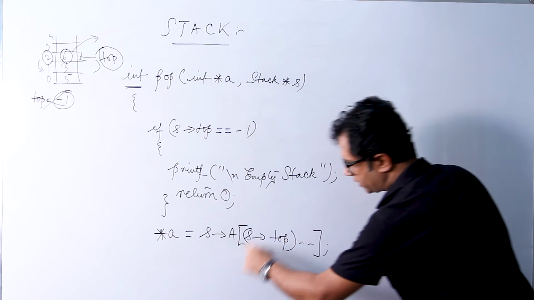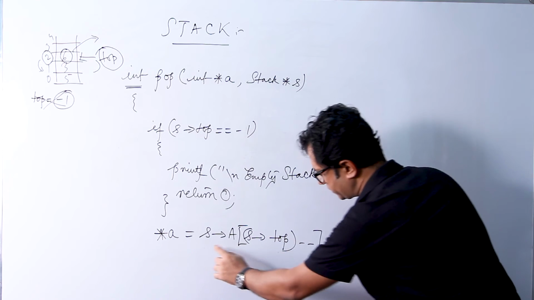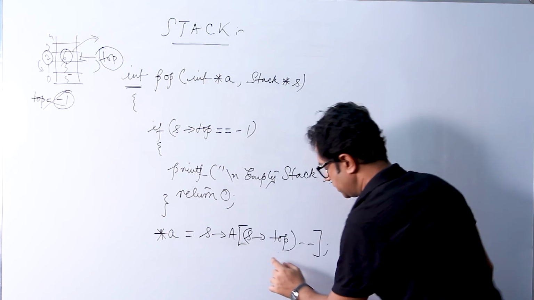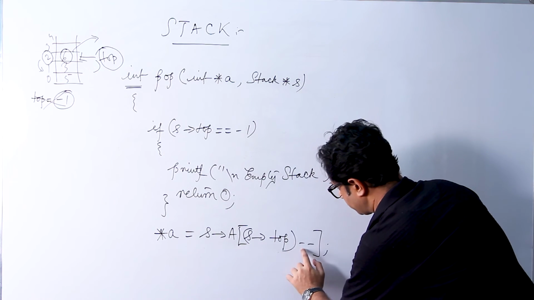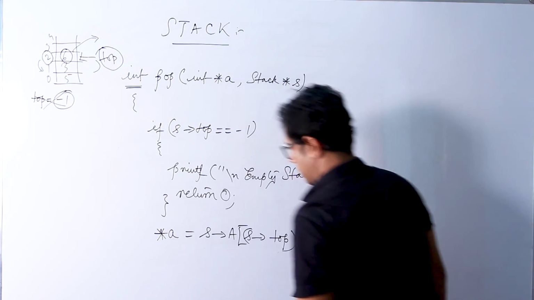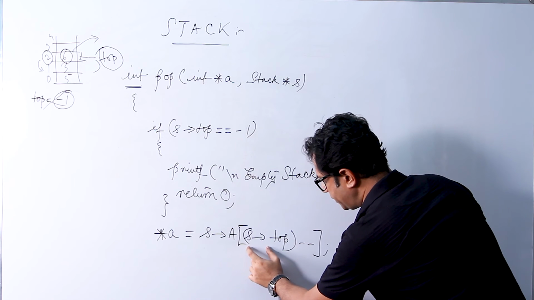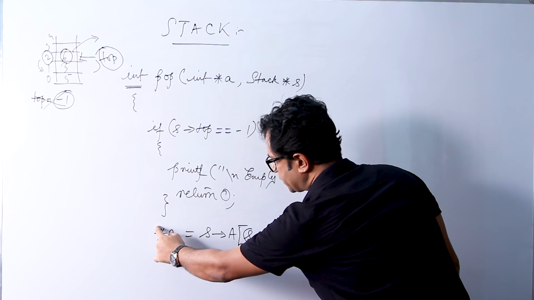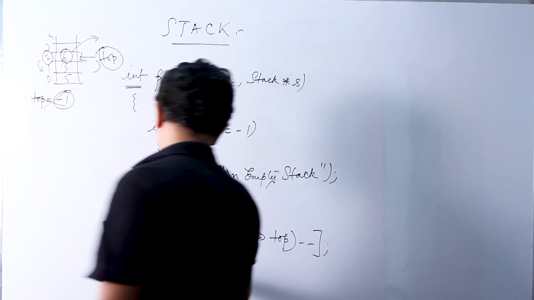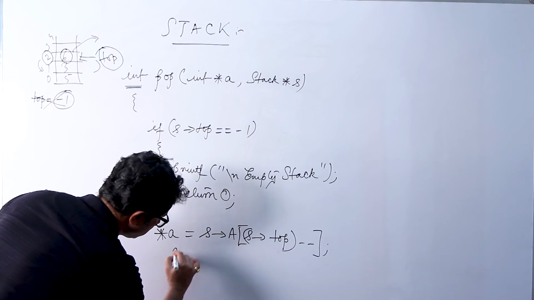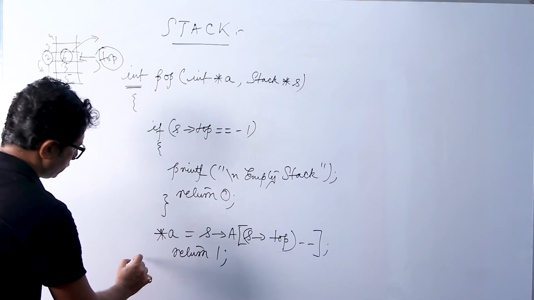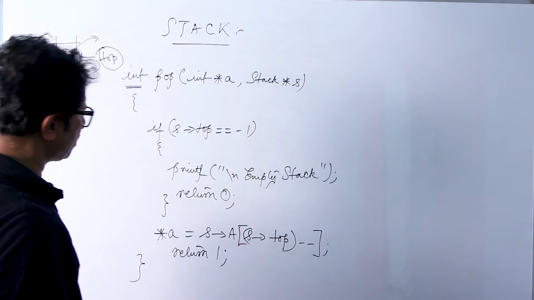It handles the entire situation. We are taking the topmost element from the stack, that is 6, and then decrementing the top. The top goes from 2 to 1, and the topmost element is now kept in the variable star a. And since this is a successful operation, we will return 1 from here. So this brings us to the end of the pop operation.